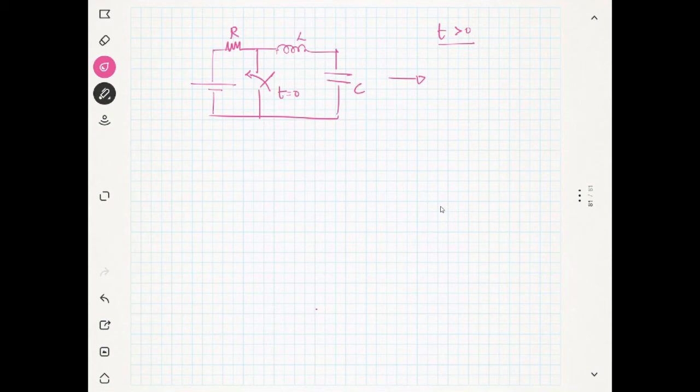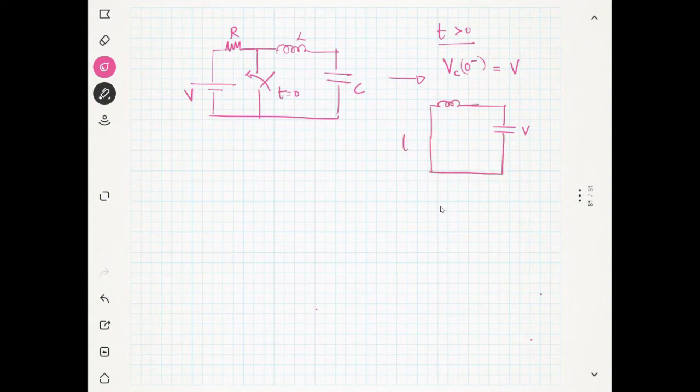The inductor will charge the capacitor. Yes, at first, what will be the voltage across the capacitor? At t equal to 0 minus, it will be V, right? Yes. So you have the capacitor having a voltage of V, and the inductor is having something like this.